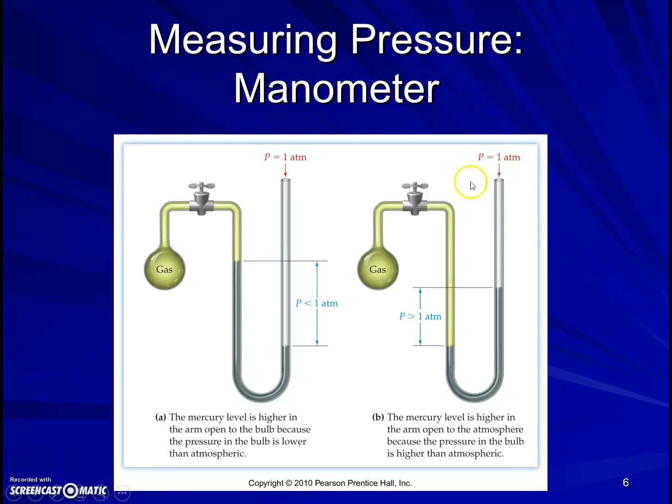And so we would say 760 millimeters of mercury plus this difference would tell us the pressure in here in millimeters of mercury. Another way of saying millimeters of mercury, in deference to the inventor of the barometer, Torricelli, would be to call them torr. So that's a unit of pressure. 760 torr is 1 atmosphere.